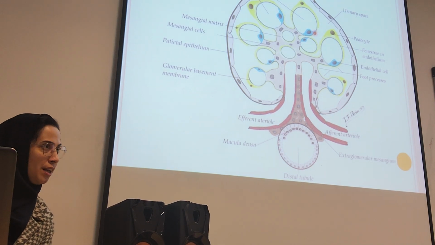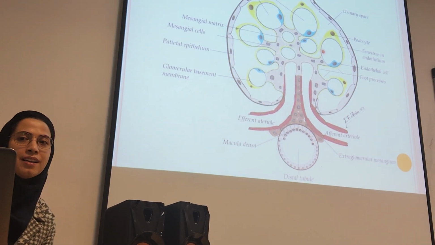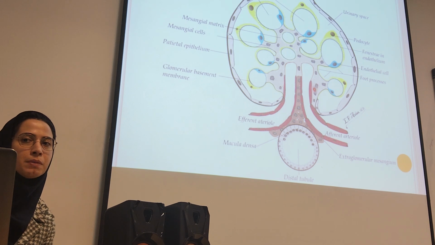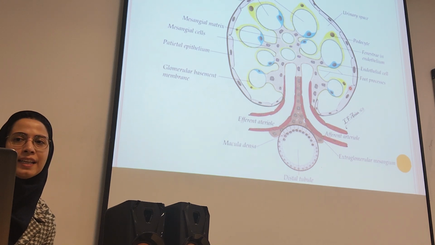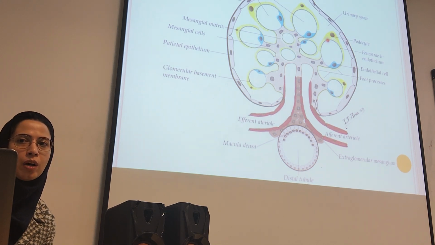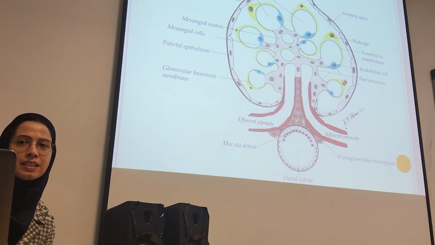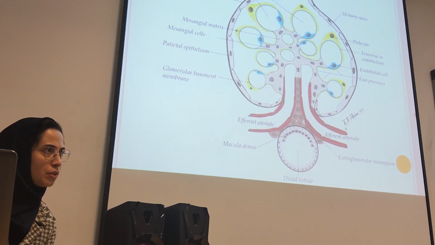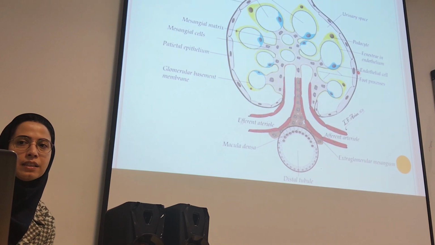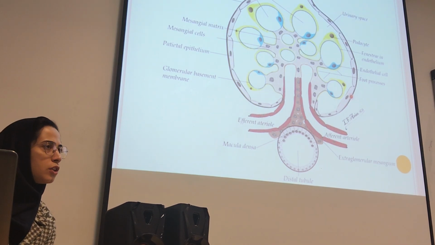See the capillary, the supporting cells, mesangium, and here you see some podocytes. What is this space? Bowman's capsule, and here you see the parietal cells.